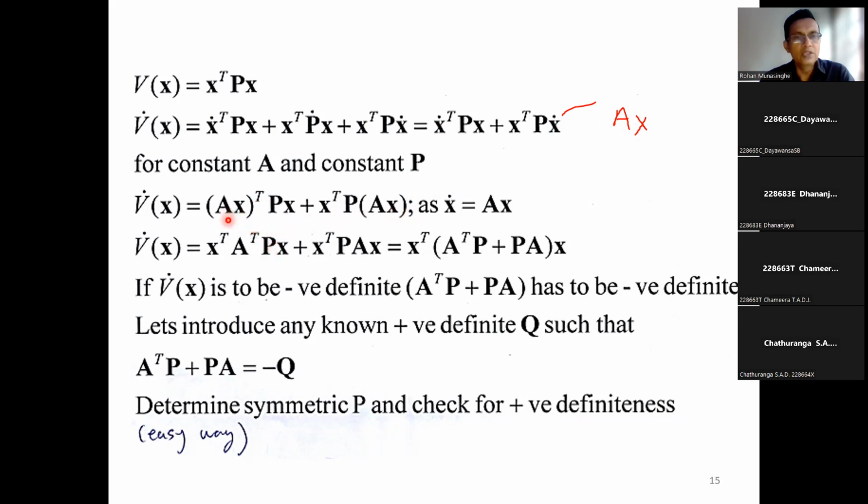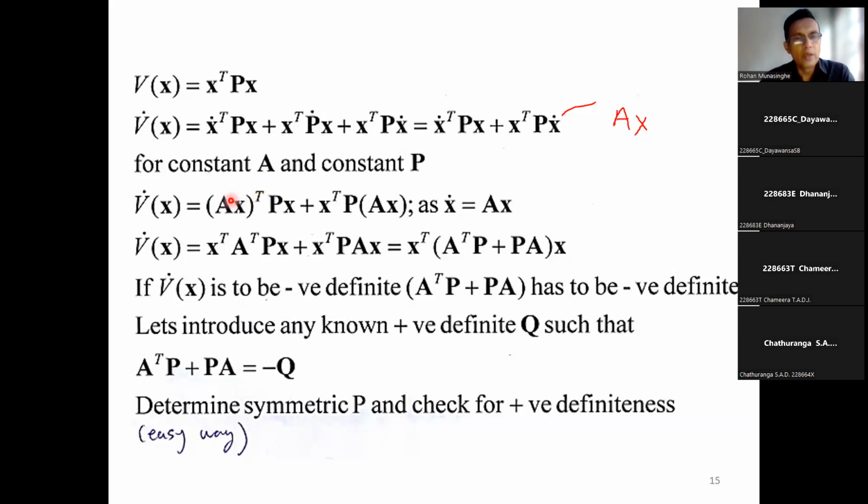Then, as you know, when you get the transpose of a product of two matrices, or a matrix and a vector, you swap the two together, right?